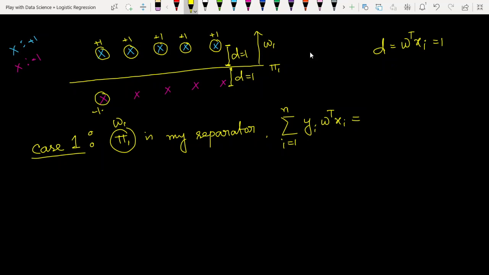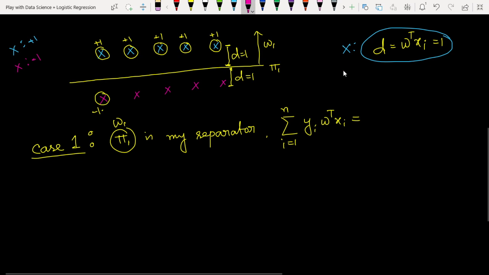For a blue point, this one is equal to plus 1. For a pink point, what will be the distance? This distance will be equal to minus 1, because the direction of w1 is 1, and this number will be minus 1.